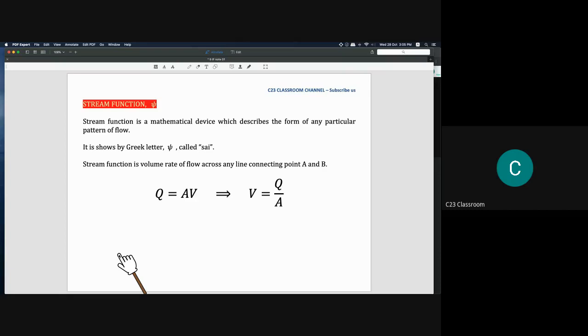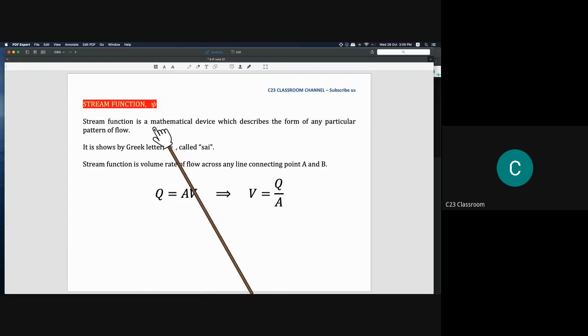But how could we get the velocity and make sure that velocity is actually the correct one? That's why the research continues and finds that we need to start with the idea of stream function. The stream function is actually the equation, the function here means the equation to describe how the fluid flows on a certain object.